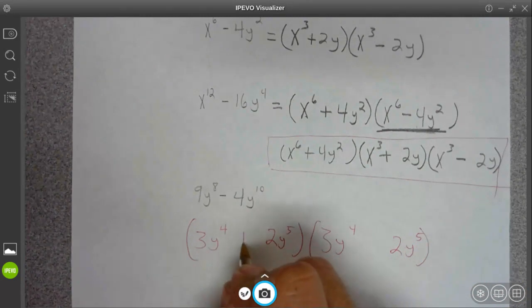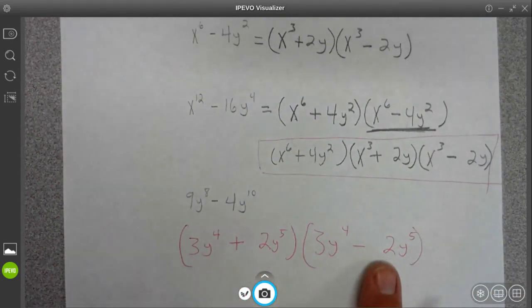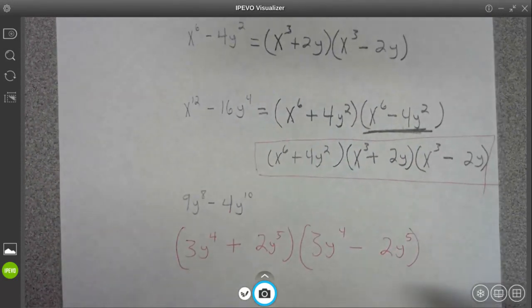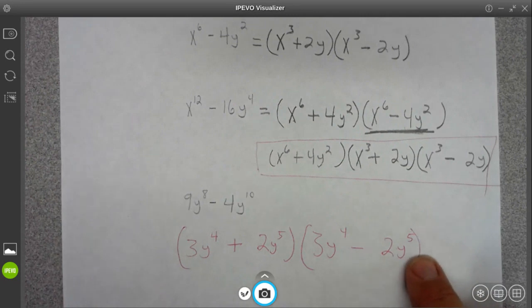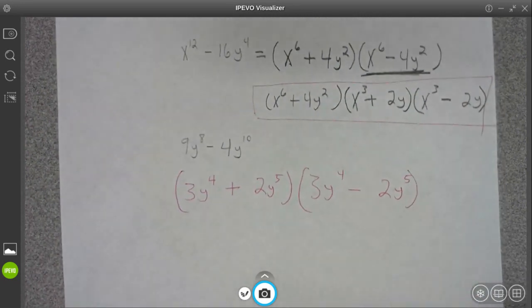And then one's plus, one's minus. And this one won't factor any further. I mean, 3 is not a perfect square, 2 is not a perfect square. Yeah, there's nothing times itself that'll give you y to the 5th. I mean, not unless you go to like fractions and decimals and stuff.